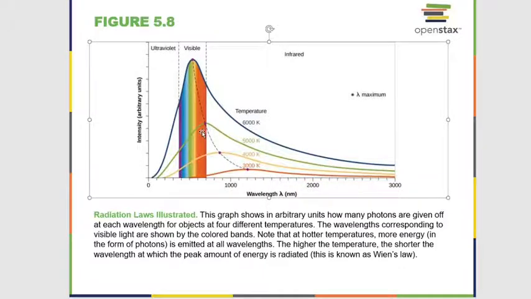But now the green curve is emitting most of its light in the red, and then the blue curve is emitting most of its light in the yellow, right? That is to say, maybe not most of its light, but the yellow light is the most common light being emitted by it. This is the intensity versus wavelength.